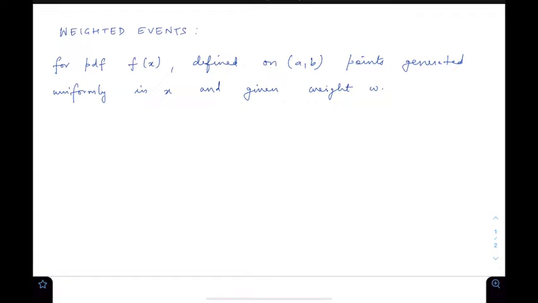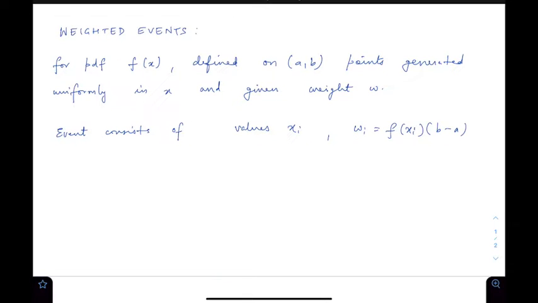So an event in that case consists of the values x_i and w_i, which are basically f of x_i times (b minus a).